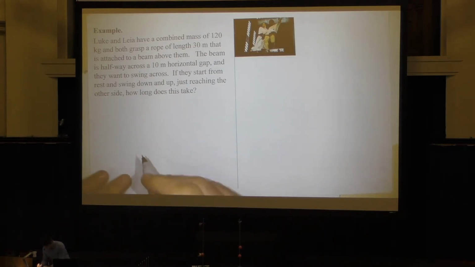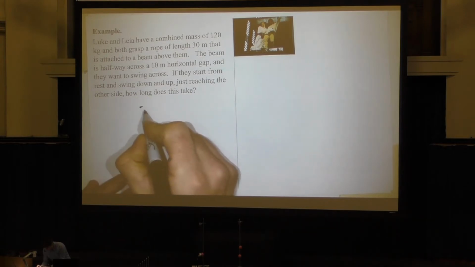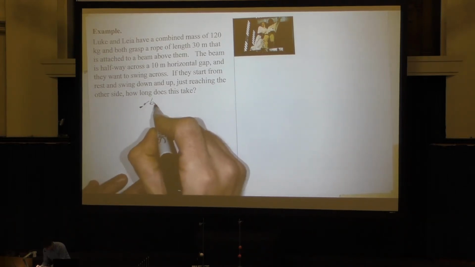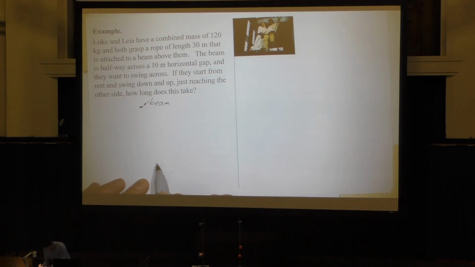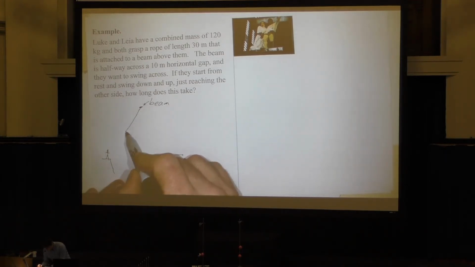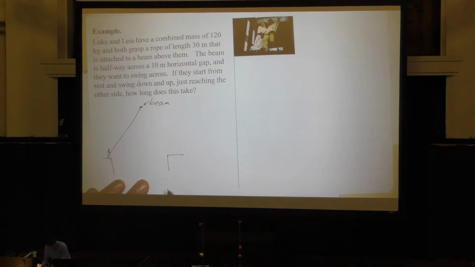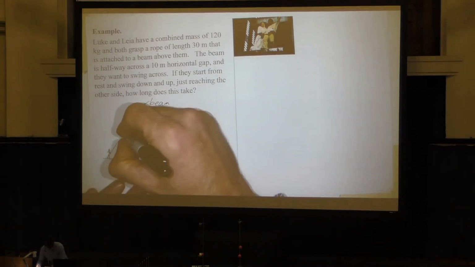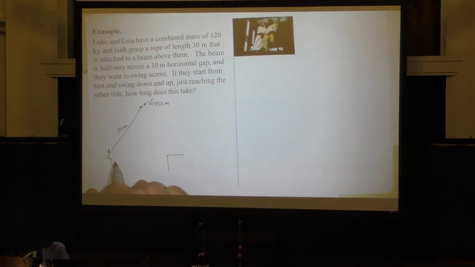So this is the way I drew it, here's the beam, and here's the gap, so they're standing here. And they want to swing across it. So this is your 30 meters, and this is your 10 meters from here to here.